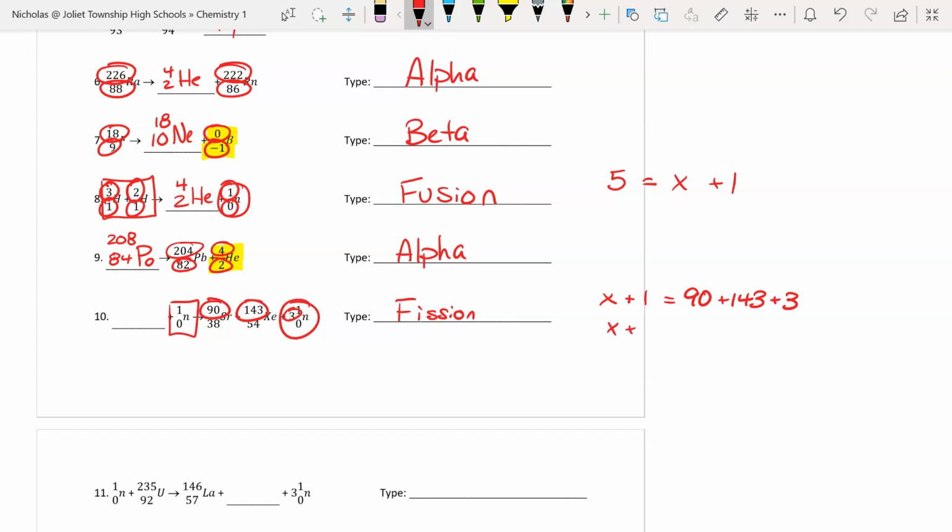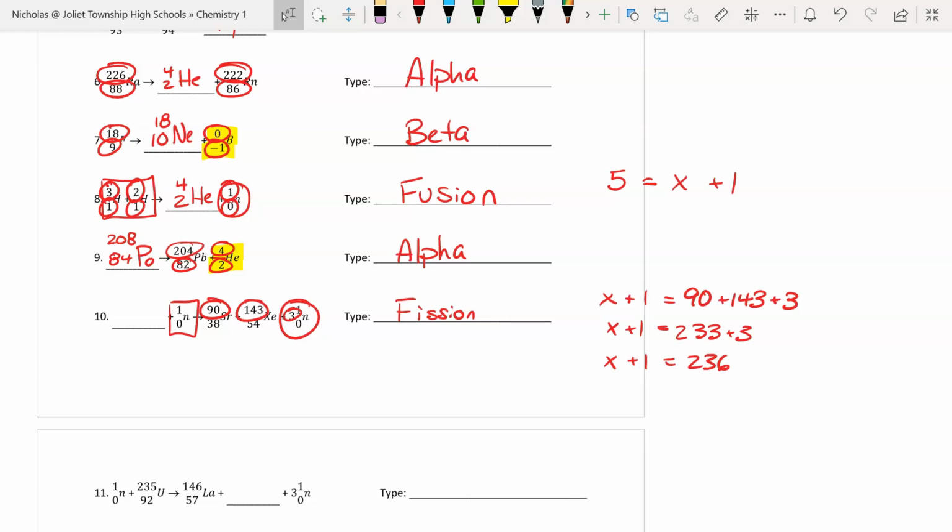So let me combine terms. 90 and 143 is going to be 133. Sorry, 233. 233 and 3. And then, let's see, x plus 1 equals 236. I feel like I did some math wrong here. Let me check my math.